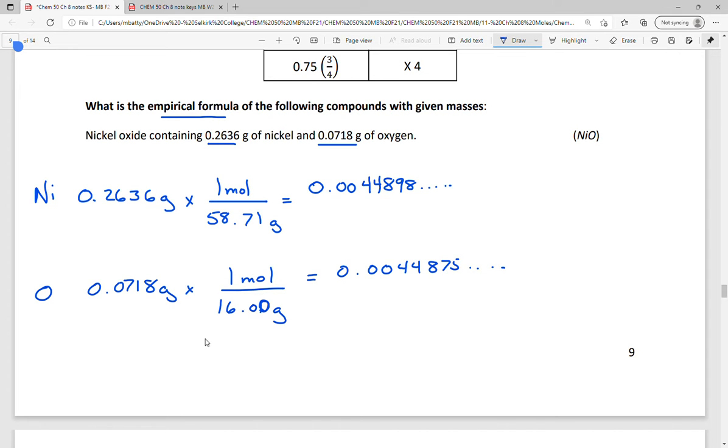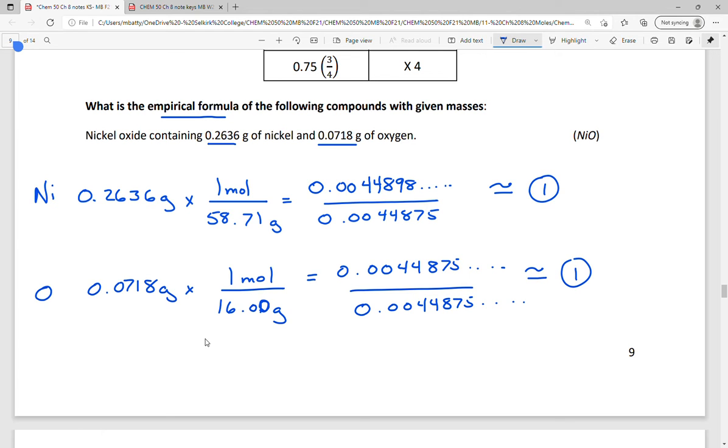So in these ones, they're both very, very close. Technically, what you do is divide them both by the smaller of the numbers. So that one by itself, and this one by the other. The numbers are very, very close. In this case, they're both going to approximate to 1.